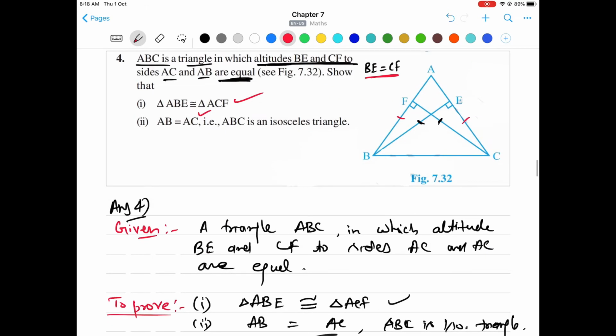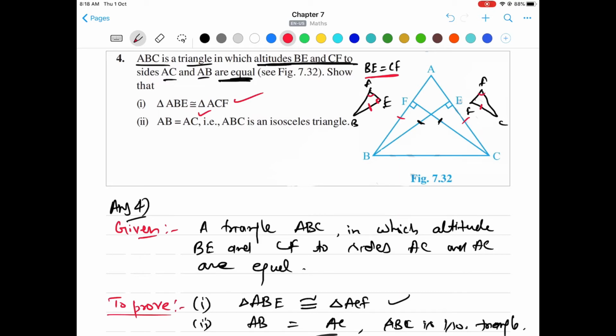Again, first we're going to start with the two triangles, triangle ABE and triangle AFC. In these two triangles it's given that the altitudes BE and CF are equal. Again, angle A is common for both triangles, right?